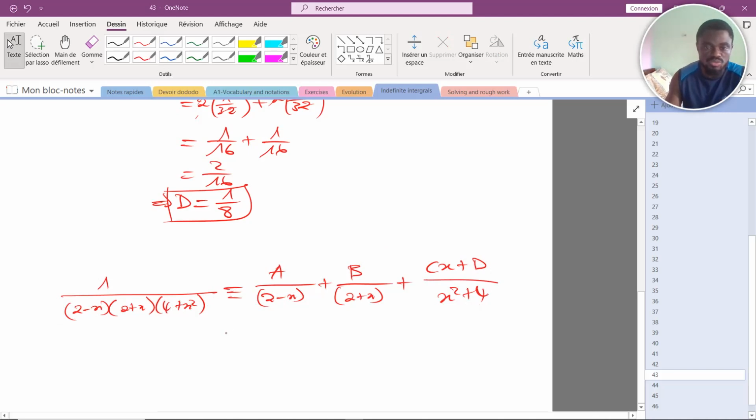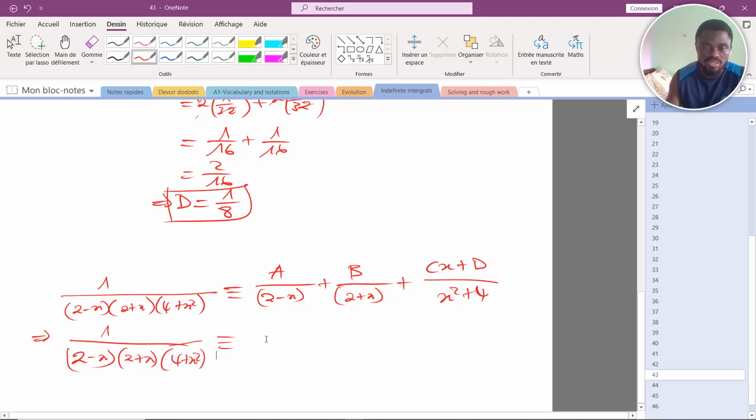So I will just substitute. So this implies 1 all over 2 minus x into 2 plus x into 4 plus x squared will be identical in partial fraction to what?